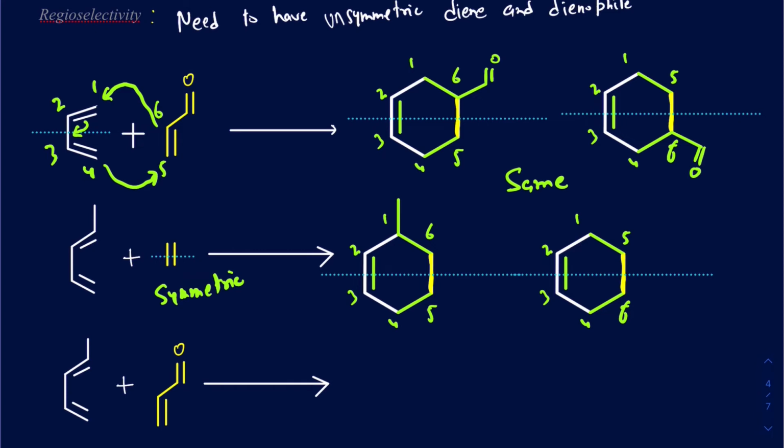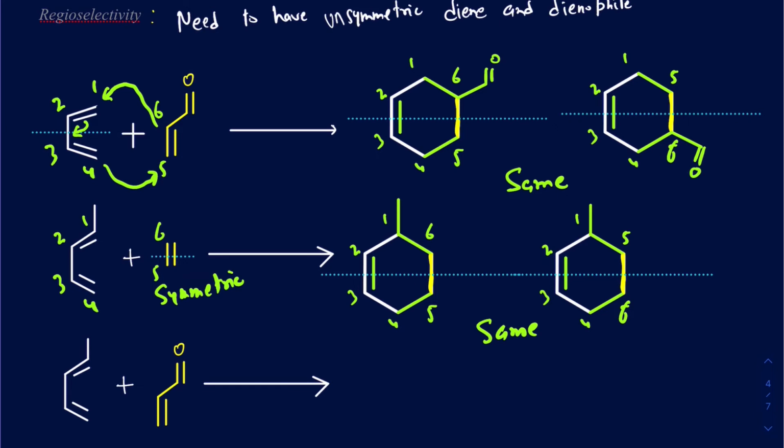Now this 1 is going to be attaching with the 5. So remember these 1, 2, 3, 4, 5, and 6. In one case I have 1 attached with 6, and in the other case I have 5 attached with the 1. So in either case there's really not any difference between those two compounds. They are not regioisomers, they're not constitutional isomers.